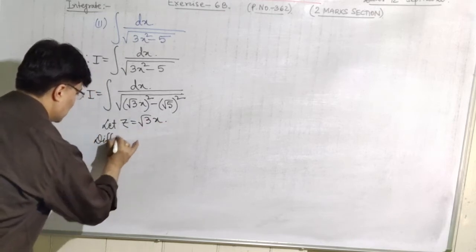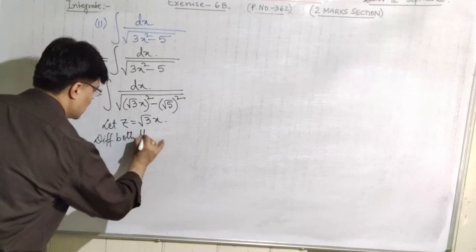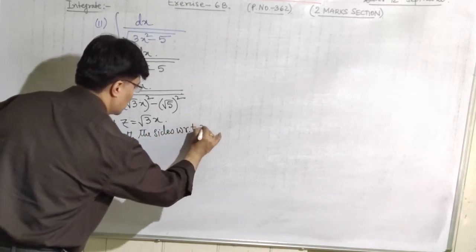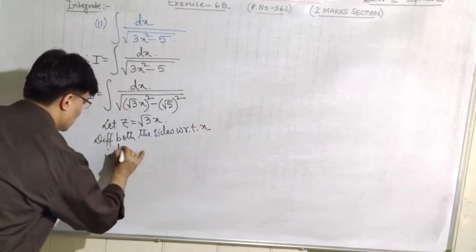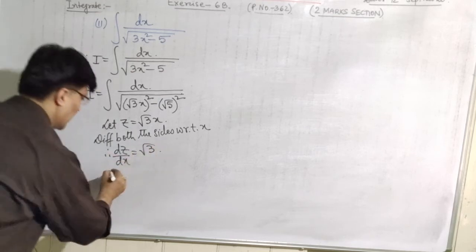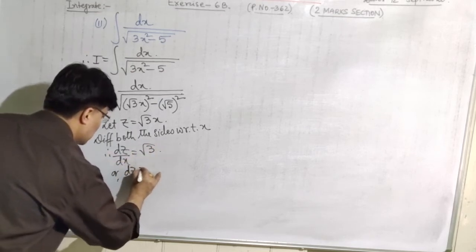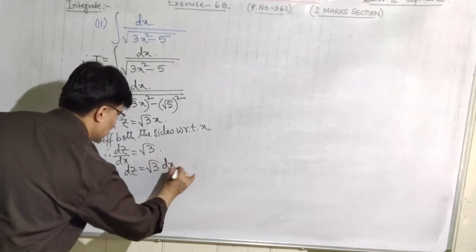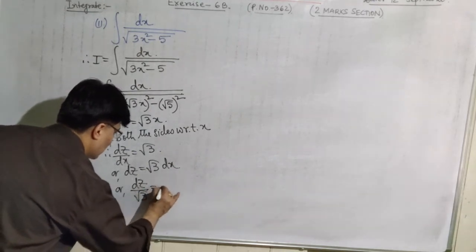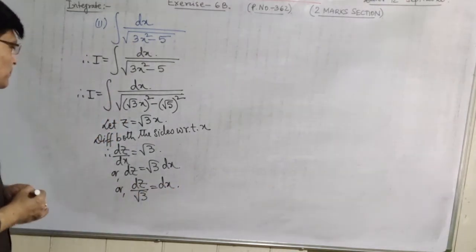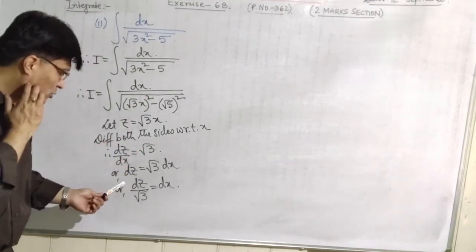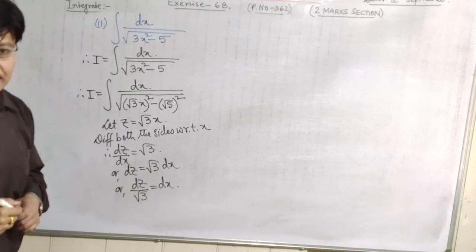Differentiating both the sides with respect to x, therefore dz by dx is equal to root 3. Cross multiply, so dz is equal to root over 3 into dx, and root 3 is taken to the left hand side, so it goes to the denominator. So dz by root over 3 is equal to dx.